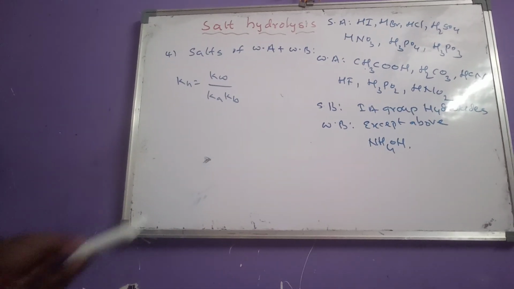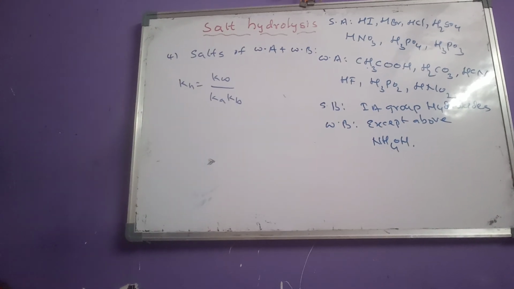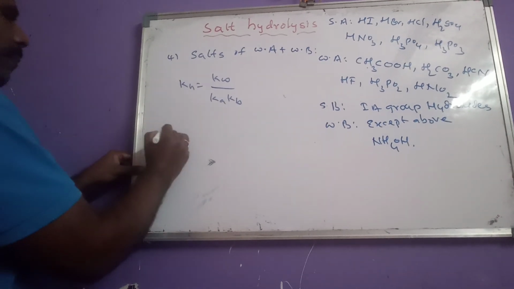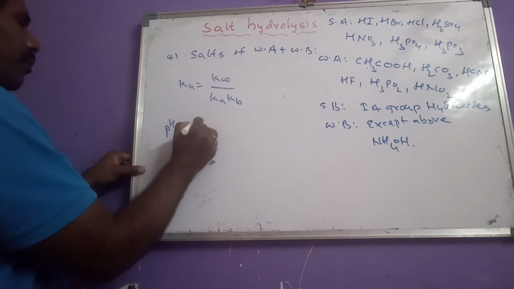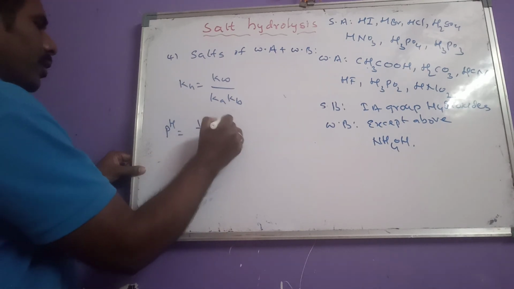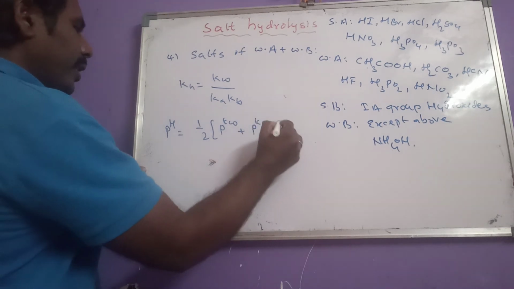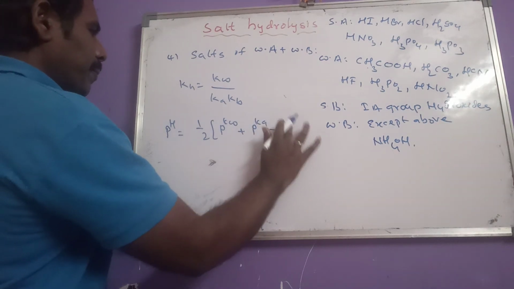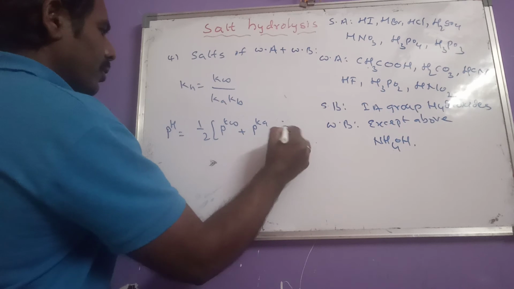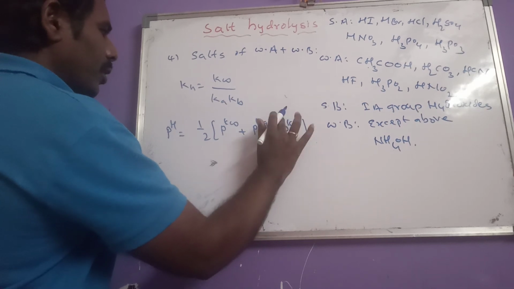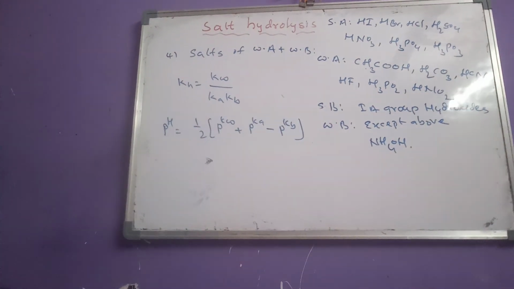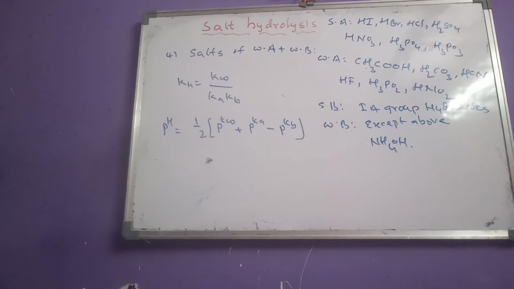So now the formula is Kh = Kw / (Ka × Kb). And the pH calculation formula is pH = 1/2 [pKw + pKa − pKb]. So this is the formula to calculate the pH of that type of salt.